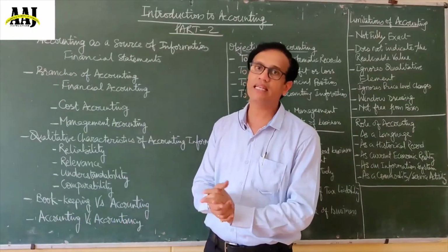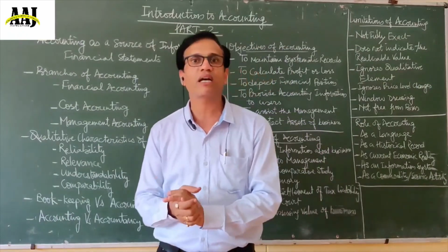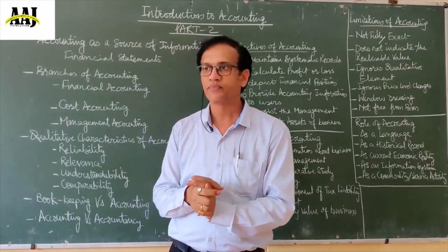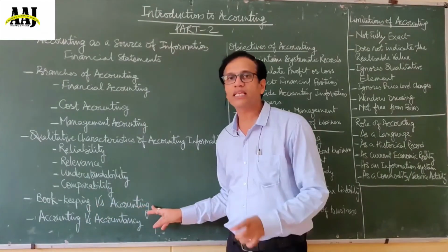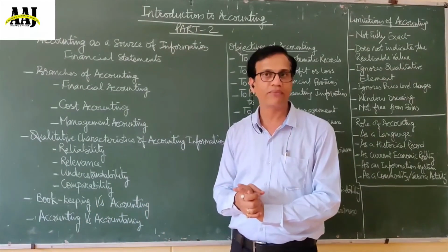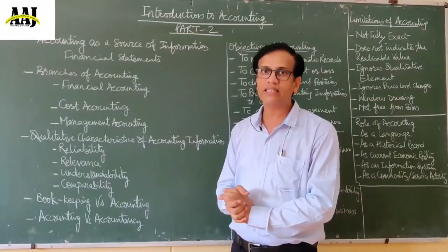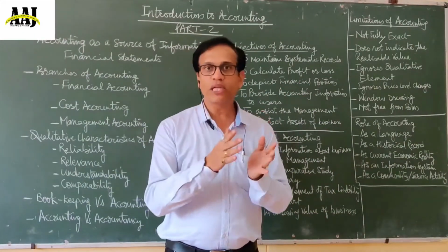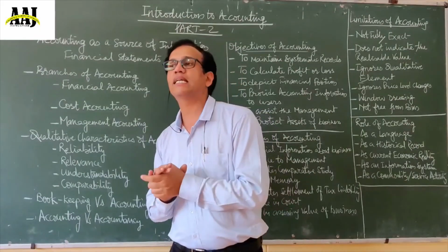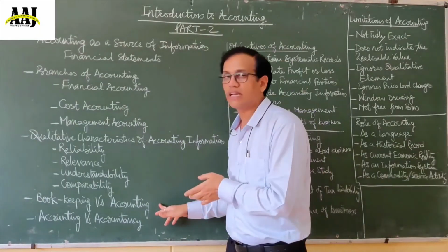It is mechanical in nature. It is done by the lower level staff, that is the clerks of the business. It is a routine job, whereas accounting is performed by senior staff. It is analytical in nature. And it is not a routine work. It is analysis work. It is finalizing work.